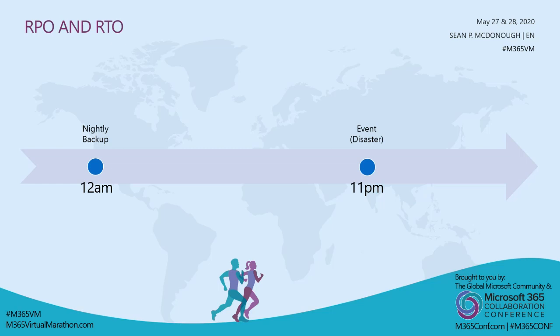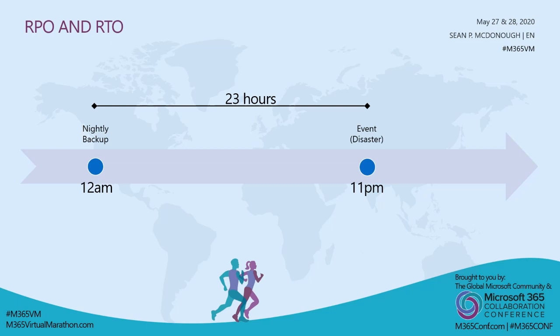That puts us in a position of rolling back time a bit, and RPOs are said to look backwards. So in this case, 23 hours, we're going to lose 23 hours of data potentially as a result. Being a holiday weekend, hopefully it's not that much data, but we stand to lose 23 hours worth of data in this case because the backups are only going to get us to the point of midnight the day before.